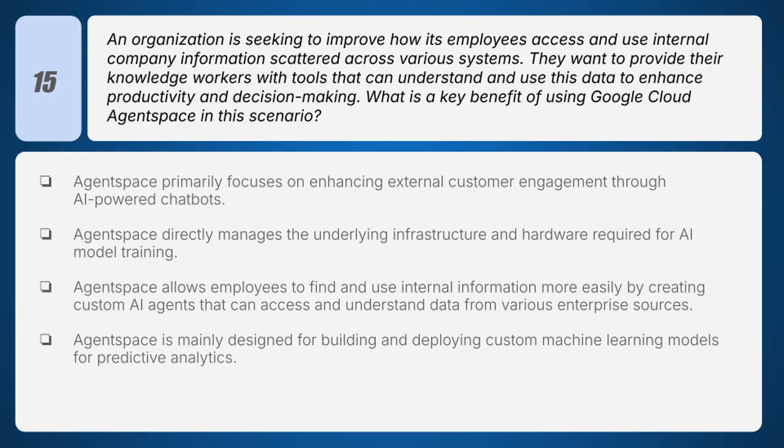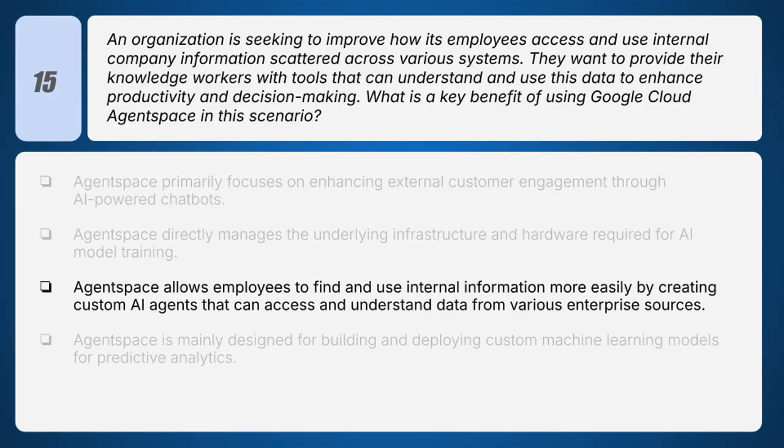B. Agent Space directly manages the underlying infrastructure and hardware required for AI model training. C. Agent Space allows employees to find and use internal information more easily by creating custom AI agents that can access and understand data from various enterprise sources. D. Agent Space is mainly designed for building and deploying custom machine learning models for predictive analytics.